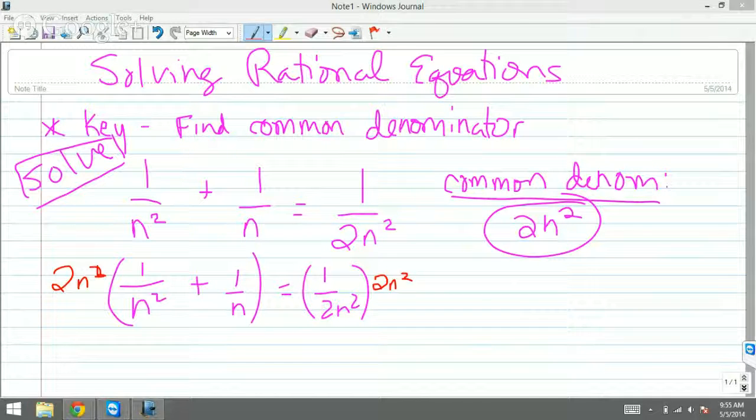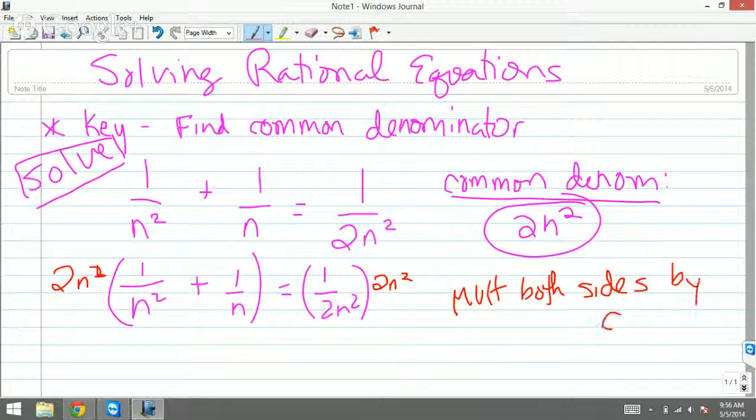So find the common denominator, multiply both sides by it. And what do we get? Here we get 1, right? Lucky us.